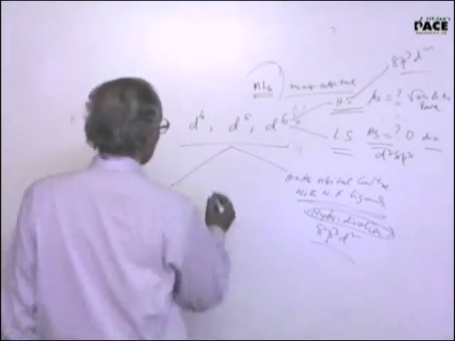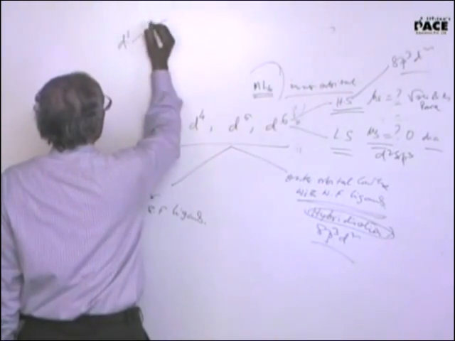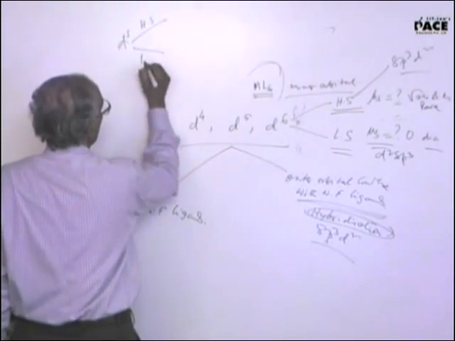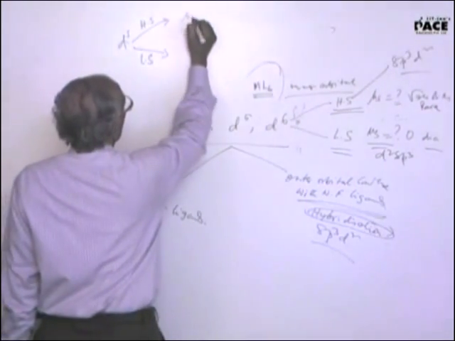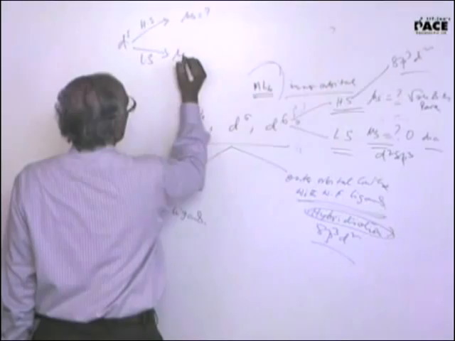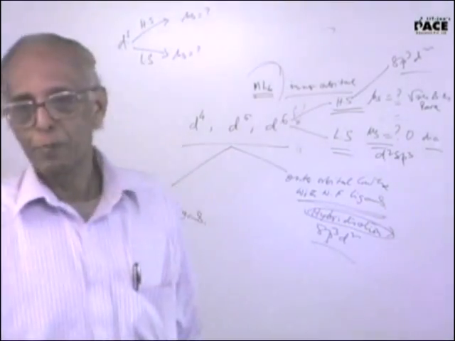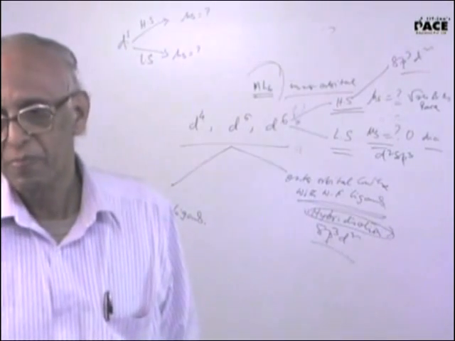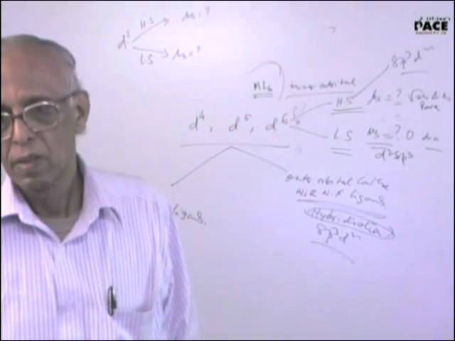Similarly, for D5 high spin and D5 low spin. Low spin 1, high spin 5 unpaired electrons. D5 high spin, what will be the magnetic moment? Root 35.